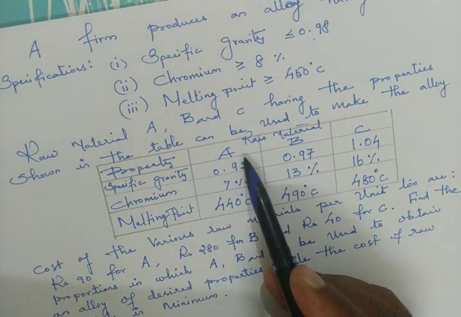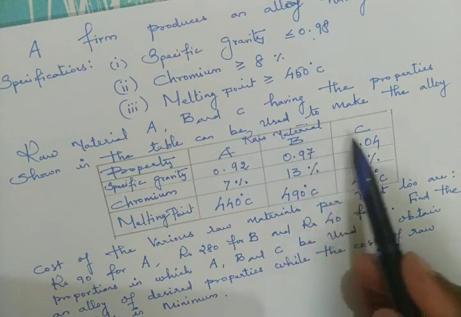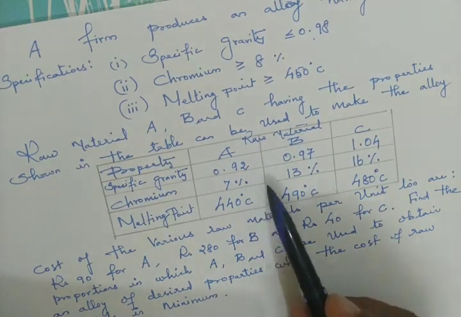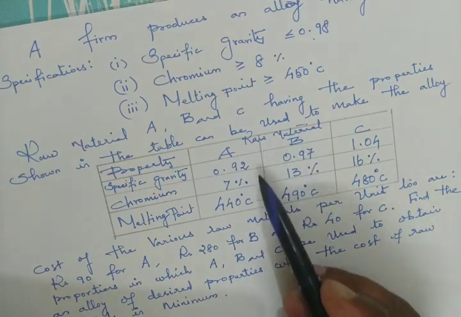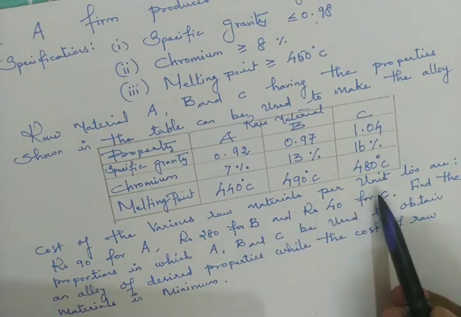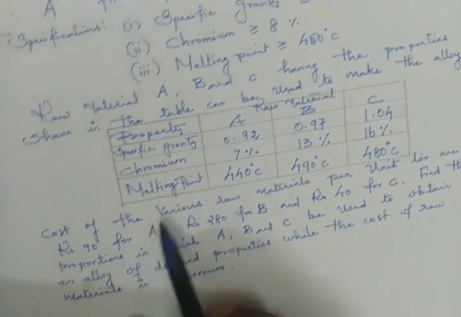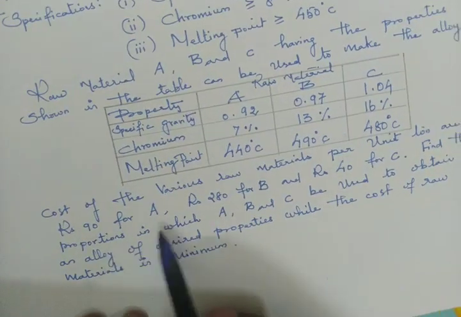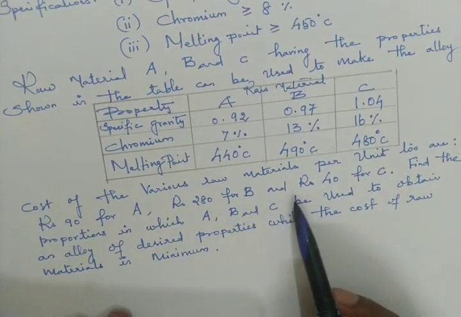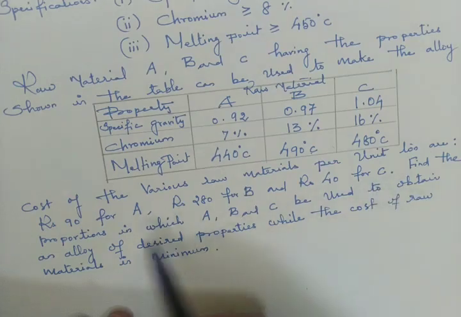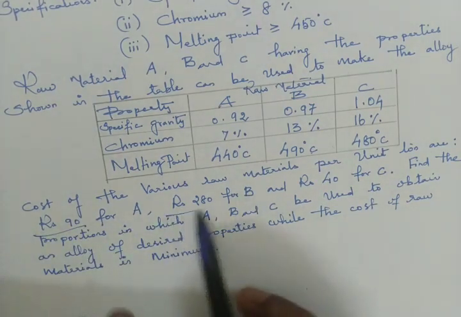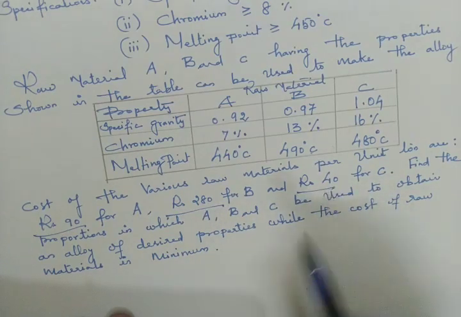The specific gravity, chromium and melting point of each raw material A, B, C are given in the table. The cost of the various raw materials per unit is also mentioned below: rupees 90 for A, rupees 280 for B, rupees 40 for C. So A's price is 90, B's price is 280, C's price is 40.